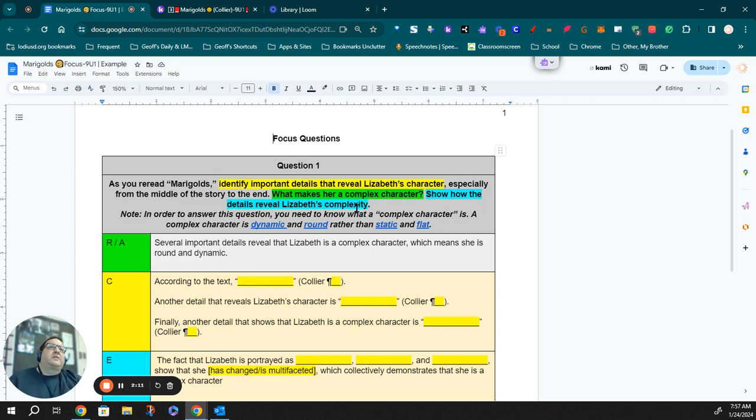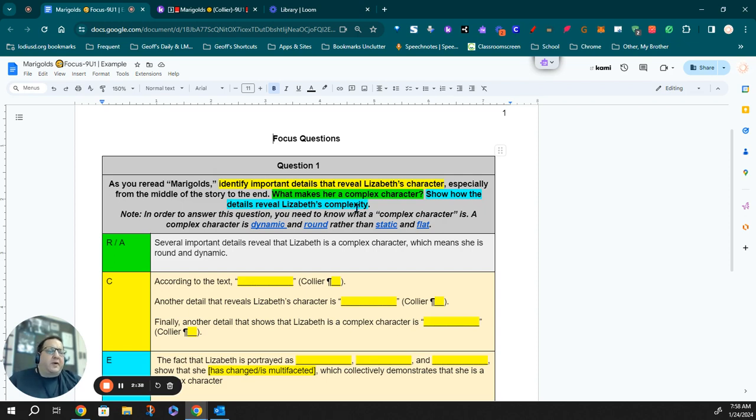Rather, if somebody's funny and laughing and happy, but also sometimes sad, or can also be at times serious, or if one of their friends is sad, they can come down to their level, that's a more complex character. That character is round and a more developed and realistic character, in other words. So we need to find some of those points in the story.